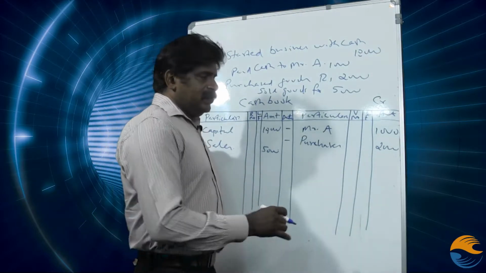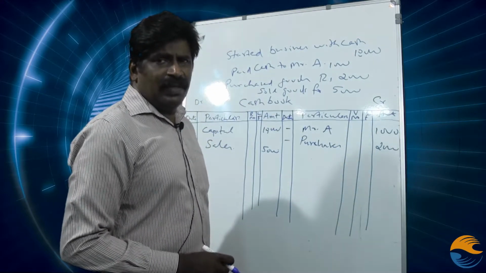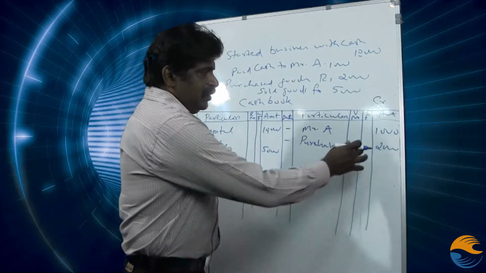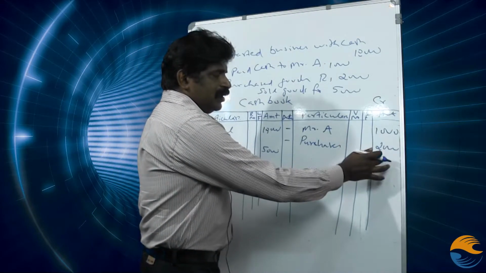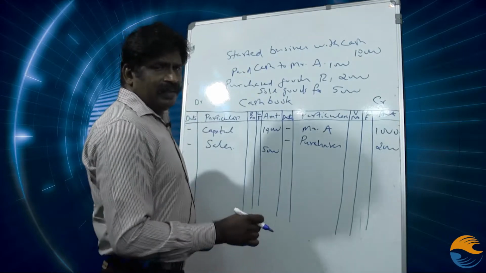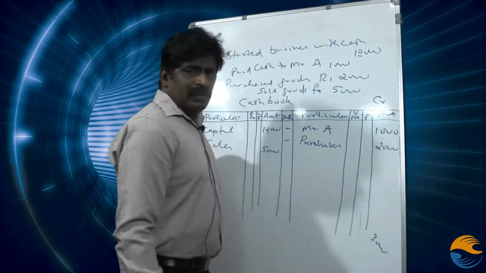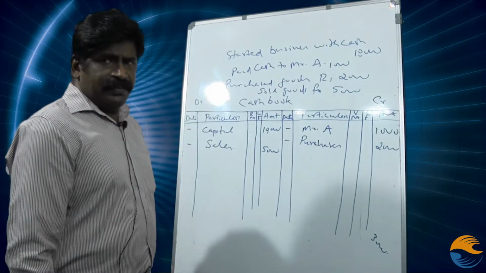How to balance an account? First thing, we have to take the totals of both the sides, debit and credit side, on a rough basis. Here 1000 and 2000 are there. So 3000 is the total of this side. I write just here 3000 is the total of this side.